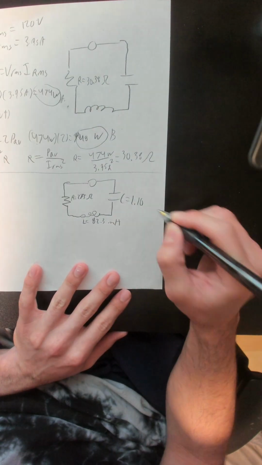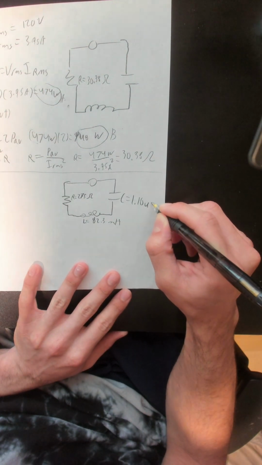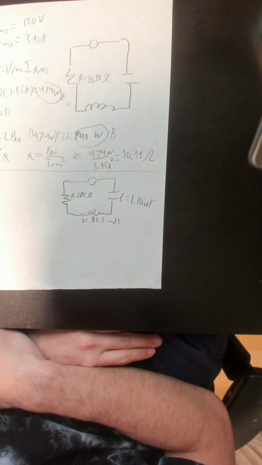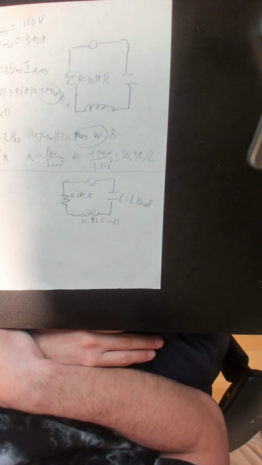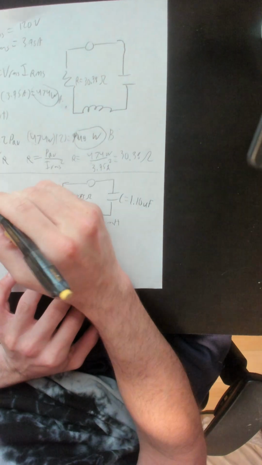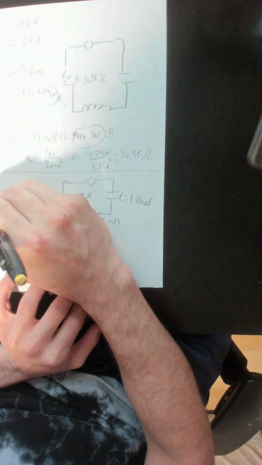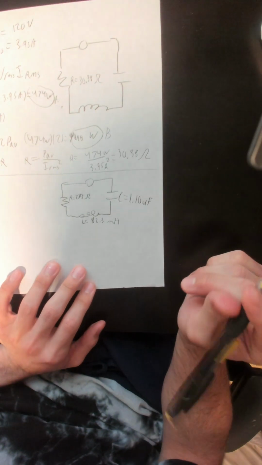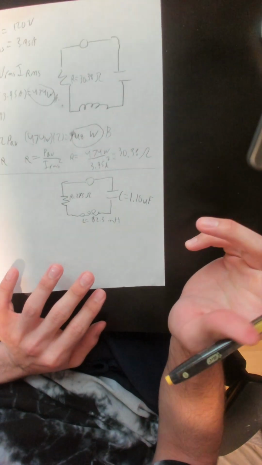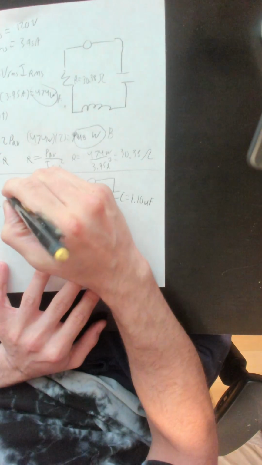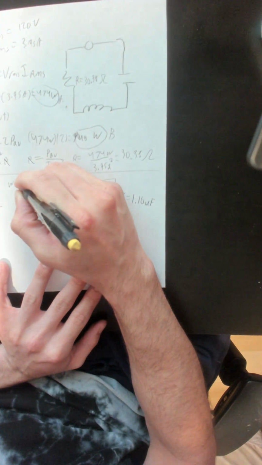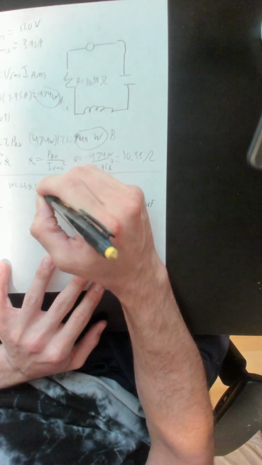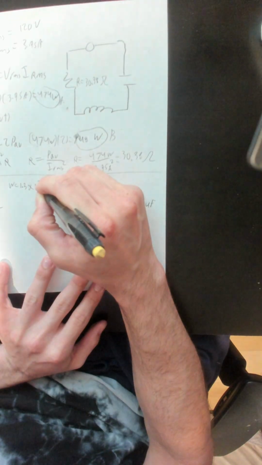Let's write this down. To find the inductive and capacitive reactances, for the inductive reactance, X L equals omega L, where omega, the angular frequency, is 1.3 times 10 to the power of 3 radians a second.